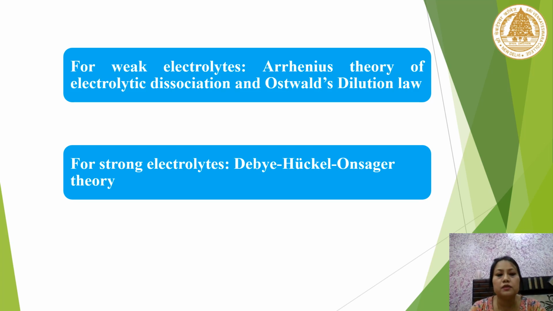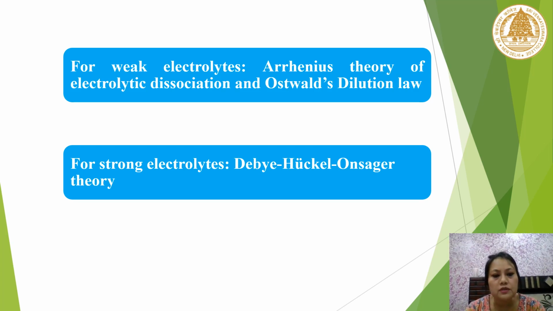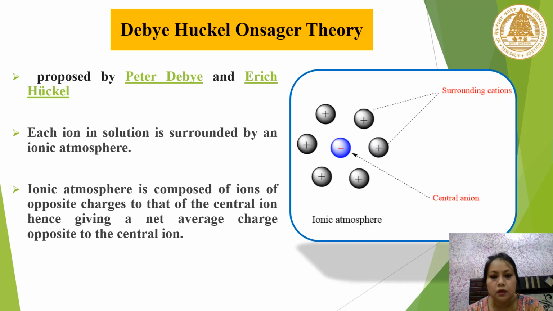The combination of these two will give us a very good explanation of the variation of molar conductivity with concentration. But in case of strong electrolytes, we have to introduce a new theory which is known as the Debye-Huckel-Onsager theory in order to explain this whole variation.